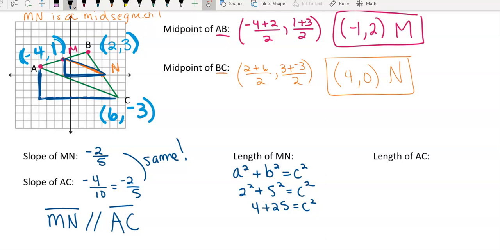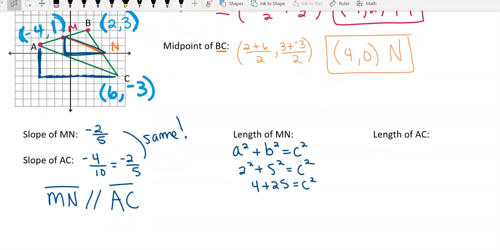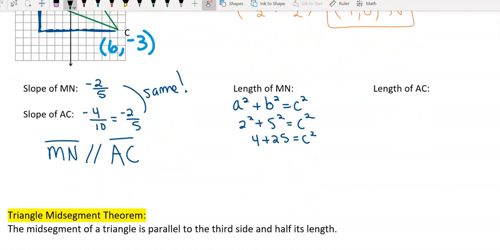We square both of them. Be sure you square them and add before you try taking the square root. So the length of MN is the square root of 29. And I would just leave it as the square root of 29. I would not make it into a decimal.